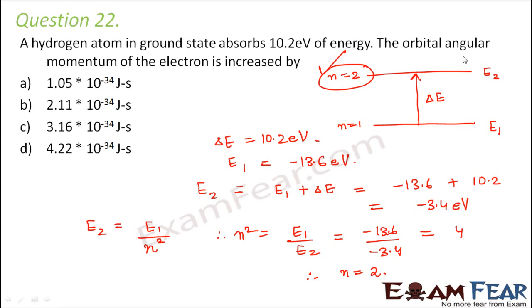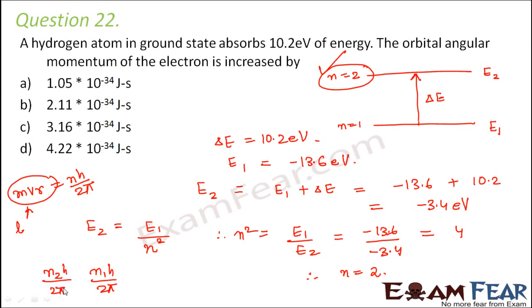So we have to find out the increase in orbital angular momentum, right? Now in the ground state, what would be the orbital angular momentum? From Bohr's quantization postulate, we know that mvr is equal to nh by 2 pi, and this mvr is nothing but orbital angular momentum, that is L. So the value of orbital angular momentum in the ground state would be n1h by 2 pi, and in the excited state it would be n2h divided by 2 pi.